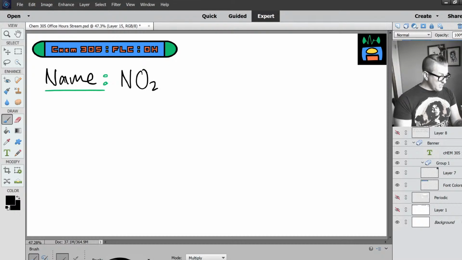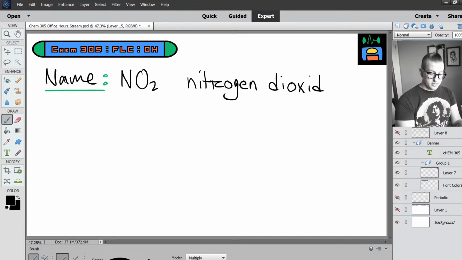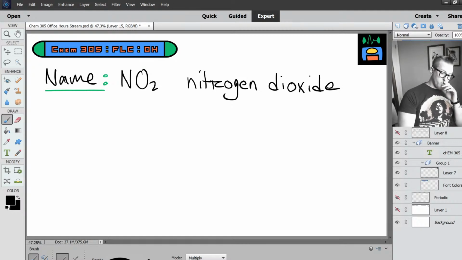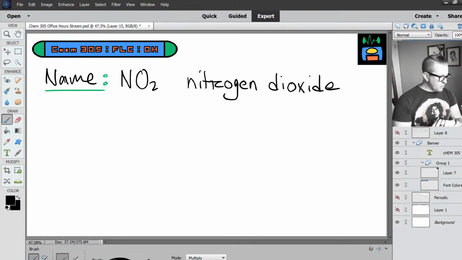So this is a covalent compound. It's not an ionic compound. So we use the covalent nomenclature. So this would be nitrogen dioxide. That would be how you name NO2.